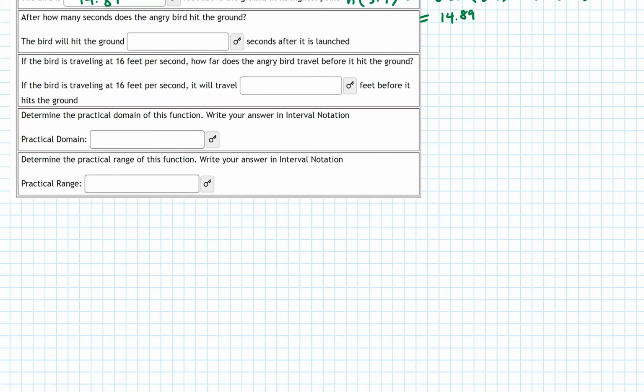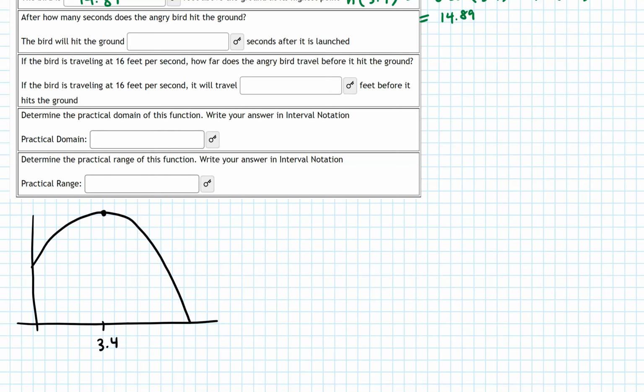The next part of the question asks, after how many seconds does the angry bird hit the ground? So let me draw a picture again since the other picture disappeared. We found that the vertex was at 3.4, 14.89.